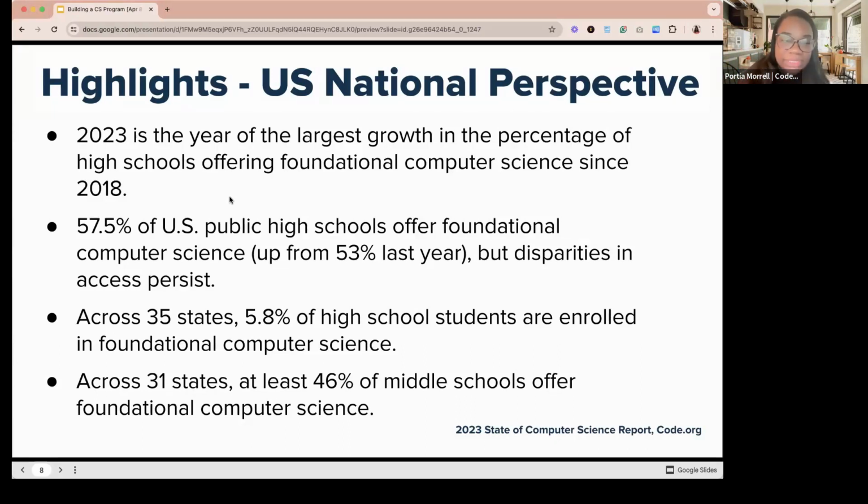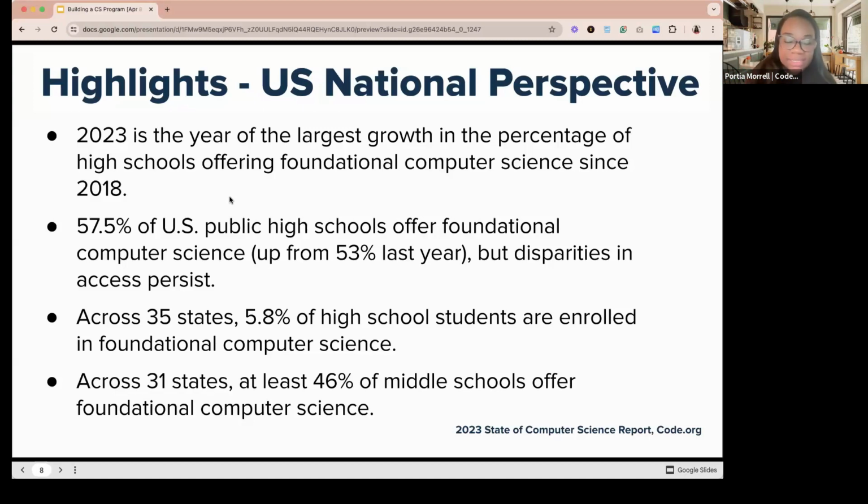All right, so in 2023, this year was the highest growth in percentage in high schools offering foundational computer science since 2018. So we know that the demand and offerings for foundational computer science are increasing. 57% of US public schools offer foundational computer science, which is up from 53% of last year.